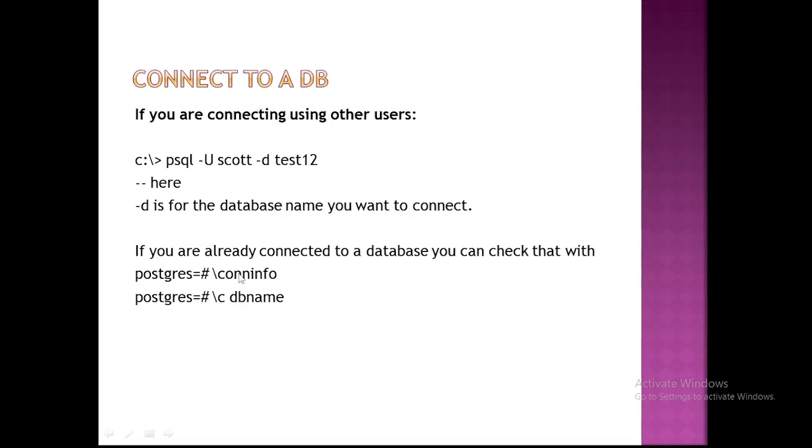This will tell you all the connection info: which database and which username you are connected with. If you want to change your database, you can use \c and then the database name. You will use test12 here. Okay, that's all, so let's move to the lab where we are going to see everything.